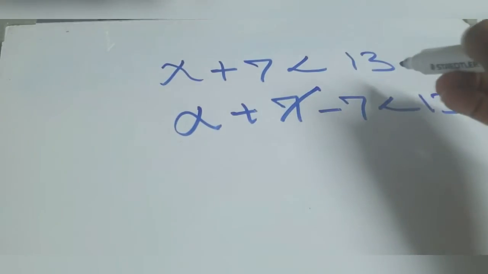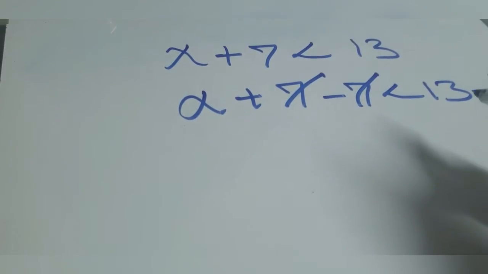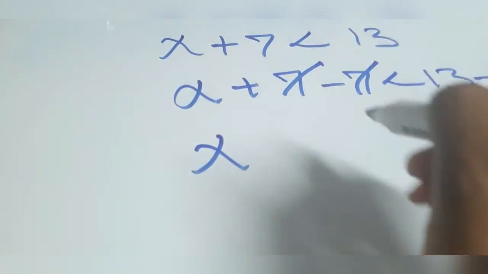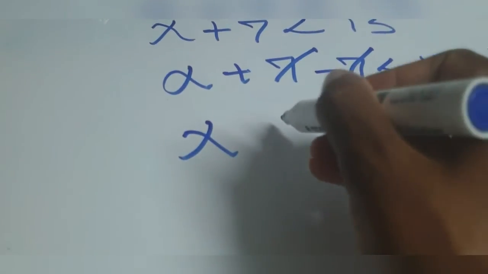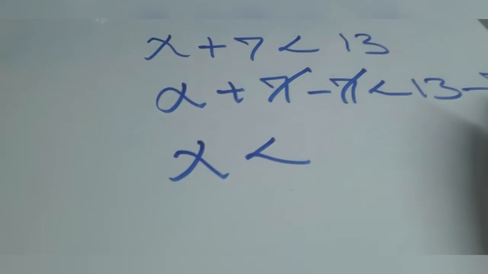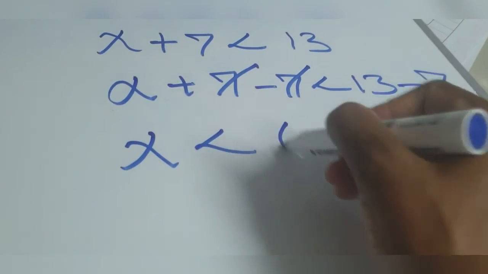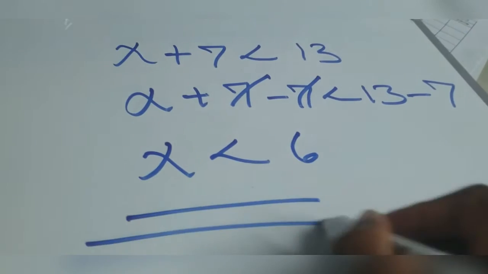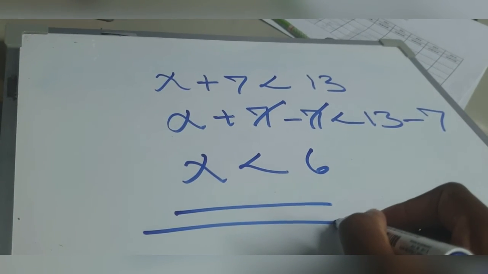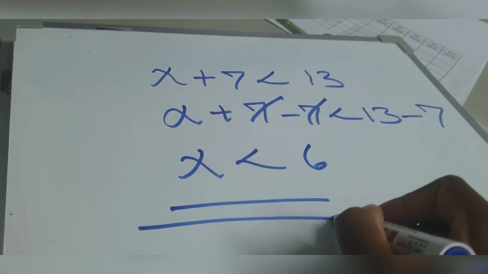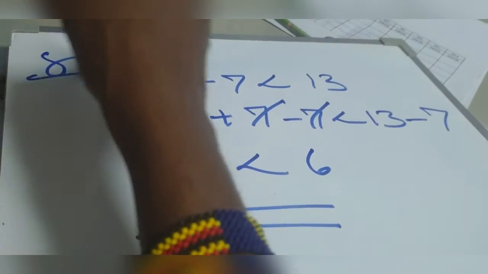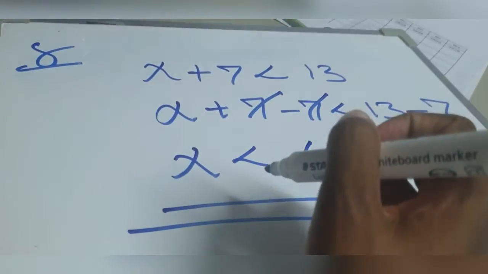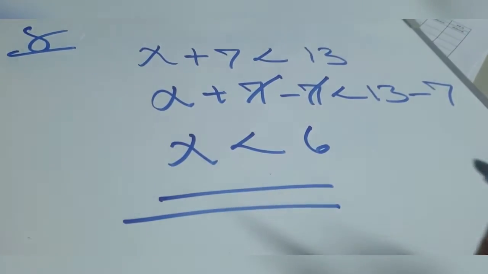So this 7 and this 7 will cancel each other. And you have x is smaller than 13 minus 7, 6. That is your answer. This is on page 8, example 1. Let us try number 2.